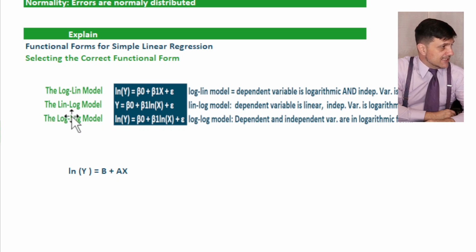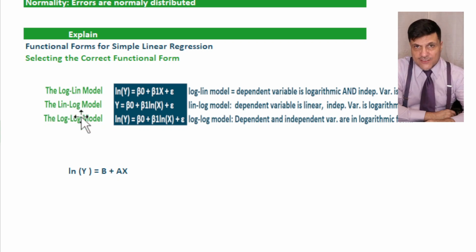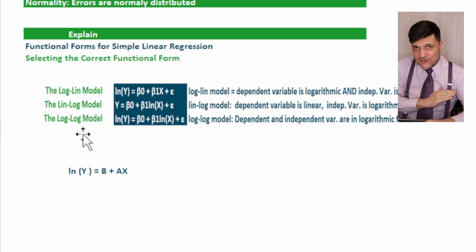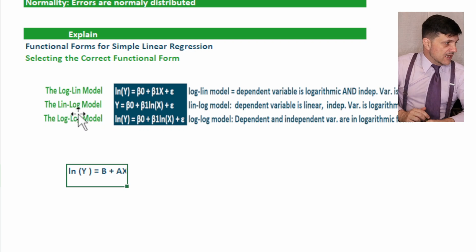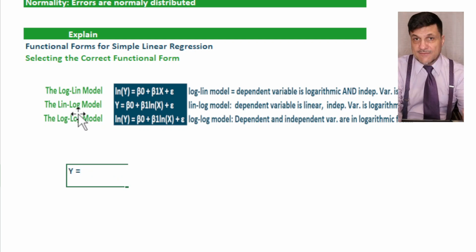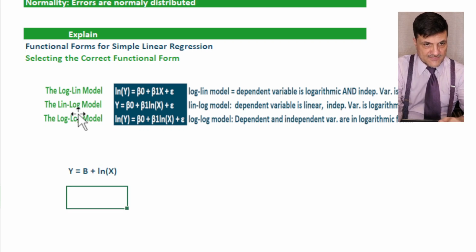Now what about the lin-log? See, in the lin-log, the log is on the second term. The second term is what's after the equal sign. So a lin-log means y equals b plus a times the ln of x. There you go.